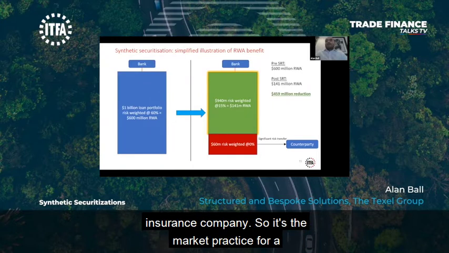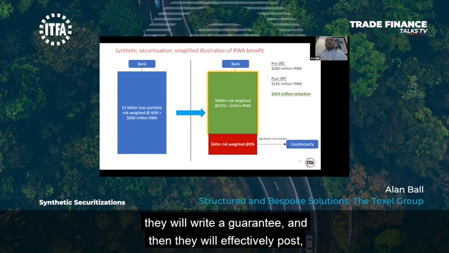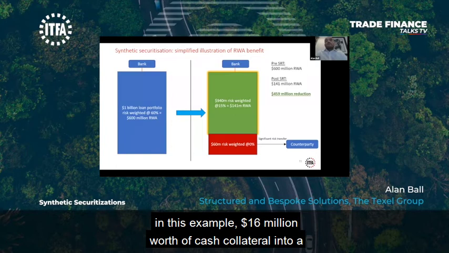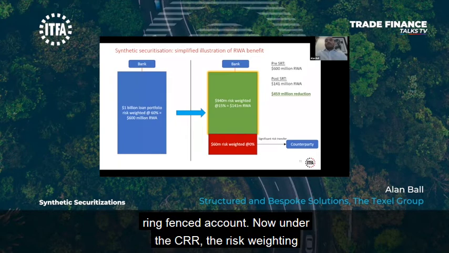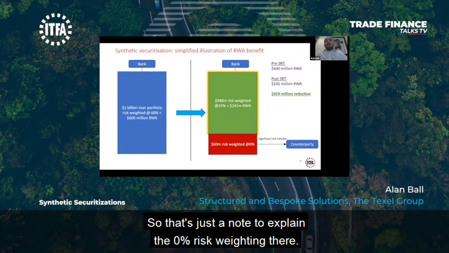So it's been market practice for a counterparty providing the credit risk transfer on these transactions to collateralize their protection. That means they will write a guarantee and then they will effectively post, in this example, $60 million worth of cash collateral into a ring-fenced account. Now, under the CRR, the risk weighting associated with fully cash collateralized positions is 0%. So that's just a note to explain the 0% risk weighting there.